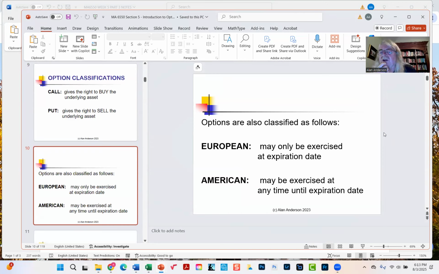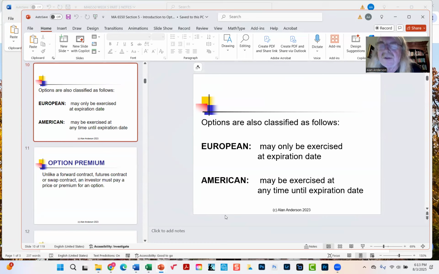They're either European style, which means you have to wait until the expiration date to decide if you should exercise or not, which means you either buy the asset you have the right to buy or sell the asset you have the right to sell. With American style options, you can decide any day if you want to exercise or not. Of course, that means American style options are more valuable, but it also means they're more expensive.